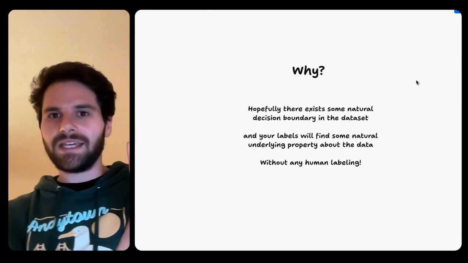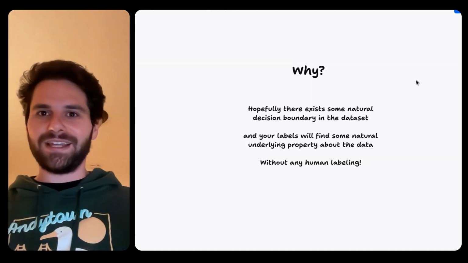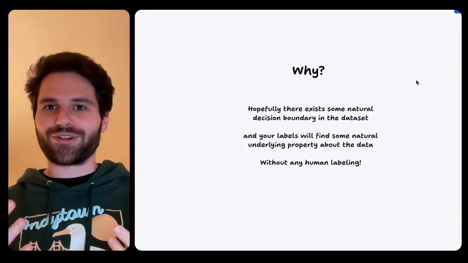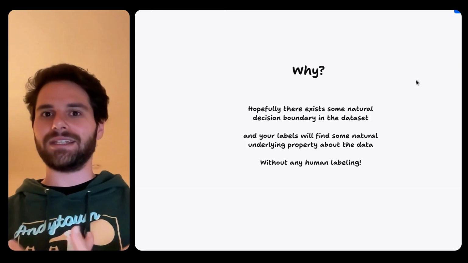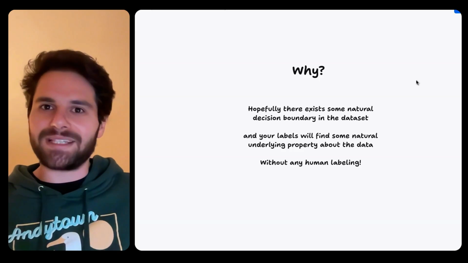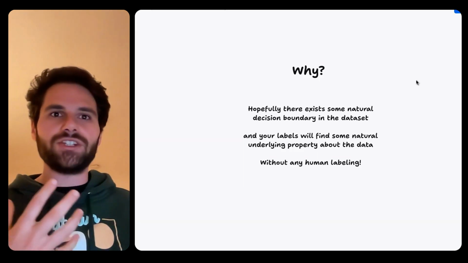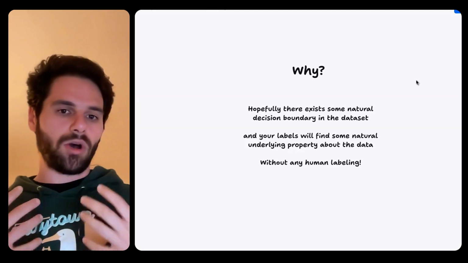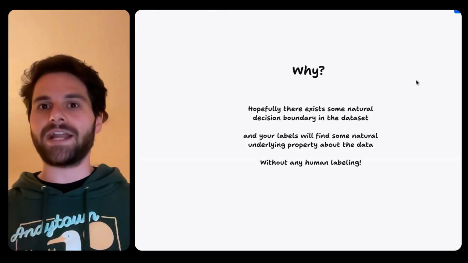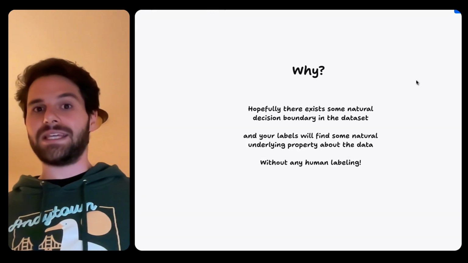The idea is that the dataset has some natural underlying properties to it, or there is some underlying decision boundary already present in the data that we can just find in an unsupervised manner, right? Unsupervised learning is all about finding the natural properties that already exist in the dataset.